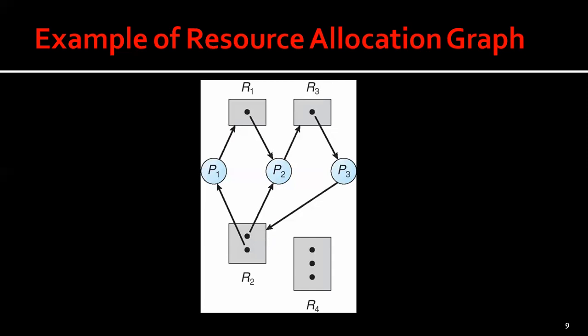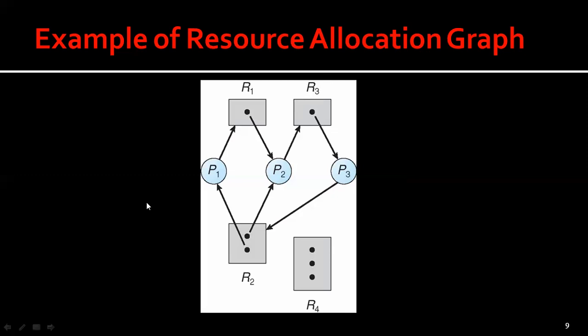Here each resource type has several instances, and the cycle may or may not necessarily imply a deadlock. In this case, a cycle in the graph is a necessary but not a sufficient condition for the existence of a deadlock.